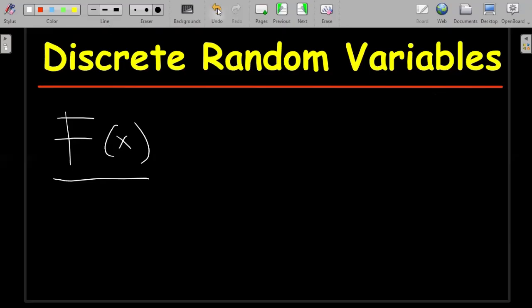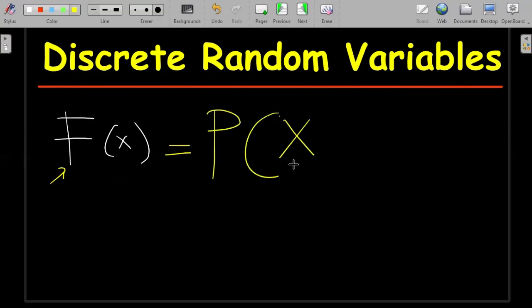So capital F of x, always put capital F here, is the same as the probability that the random variable x will take on values equal to this x or less than this x.